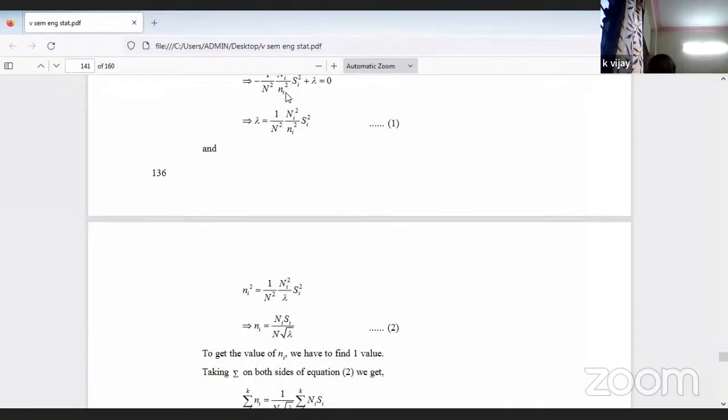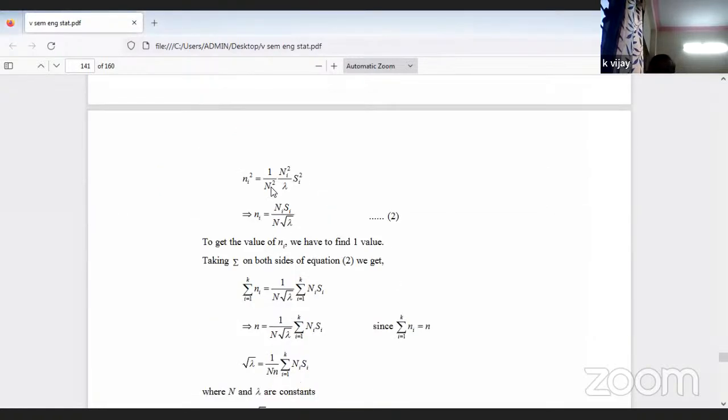Small ni square is equal to capital N square ni square; in place of ni square that goes to ni square. ni goes to this side and the lambda comes to this side. So automatically we can write here, ni is equal to ni si, some values cancel, ni si by n into root lambda.